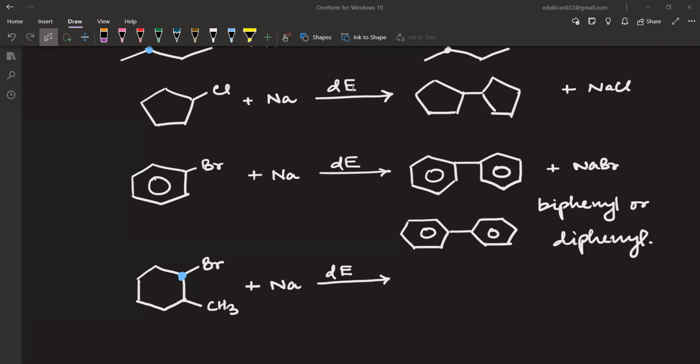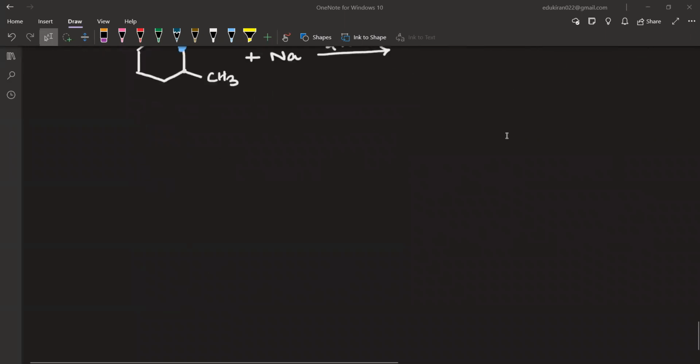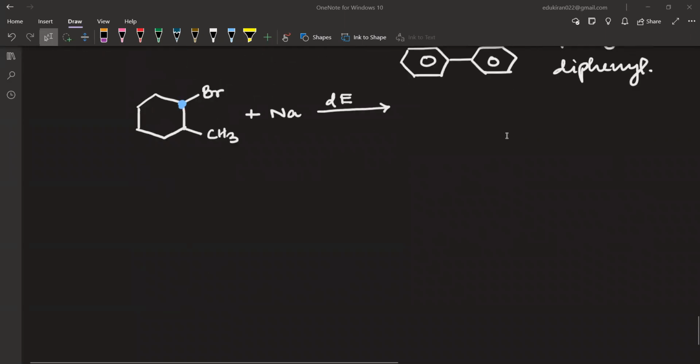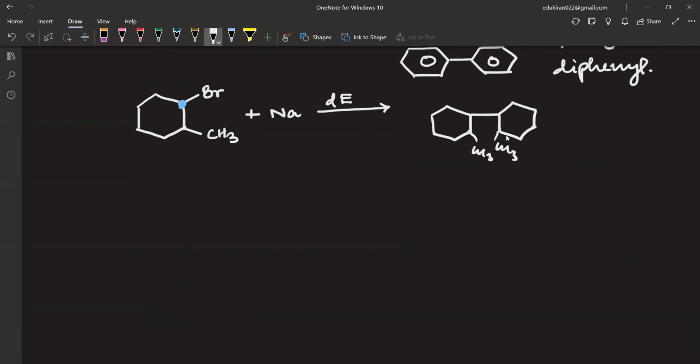Now, once we have practiced how to make the product, let us see what is happening underneath. And the mechanism we will write, okay? So the structure for this will be CH3 group here and CH3 group here, okay? Write the mechanism.